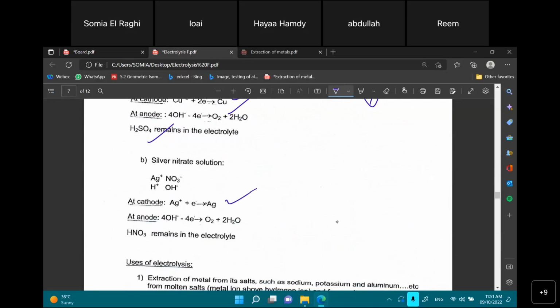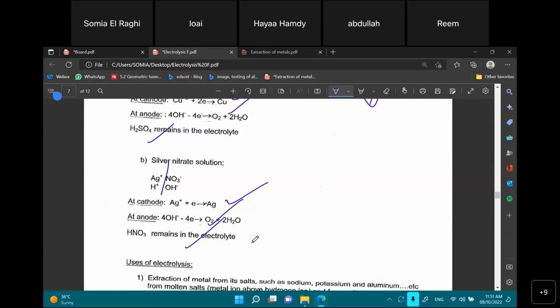Silver nitrate, we get silver, oxygen, and nitric acid remains in the electrolyte. So we talked today about important salts mentioned in your exam. Please practice at home. Write down the name of the salt or a formula. They will usually give you a formula in the chapter of electrolysis. You always break into ions this way. That is the best way.